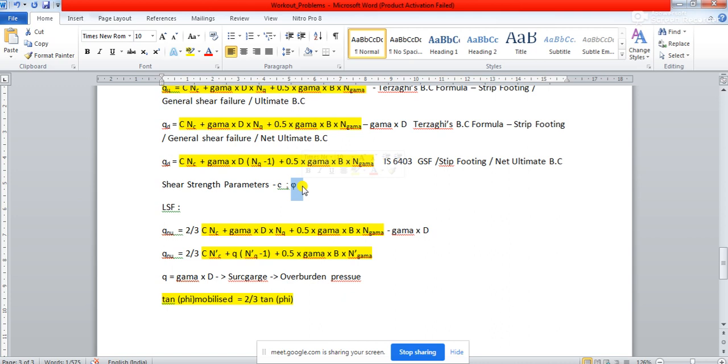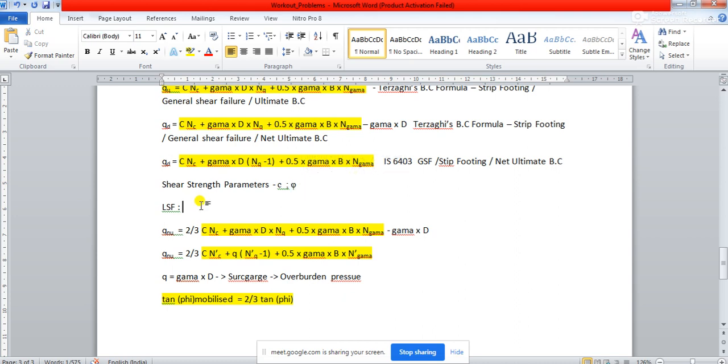Mobilized value means that because of local shear failure, the soil will not obtain its full capacity of shearing strength. That is what mobilization is. So the soil will not be fully mobilized in that case. If the soil is fully mobilized, then it will have its full strength, that is full C and full phi.